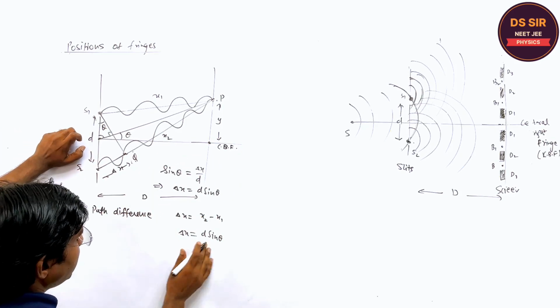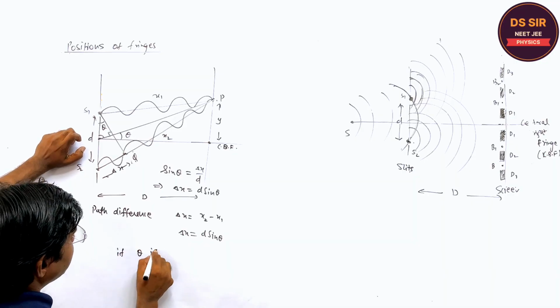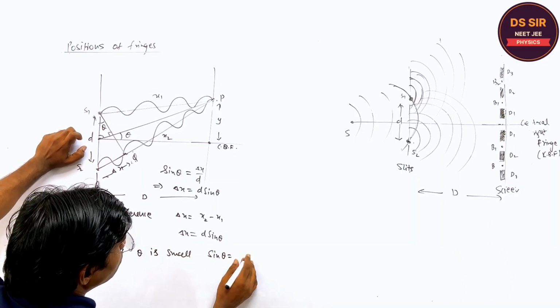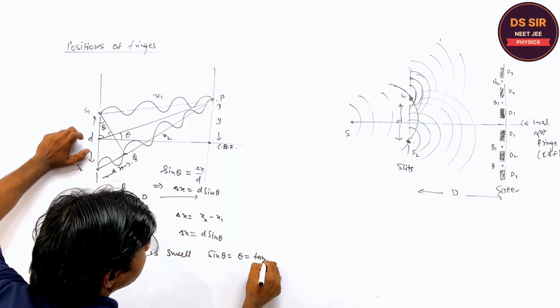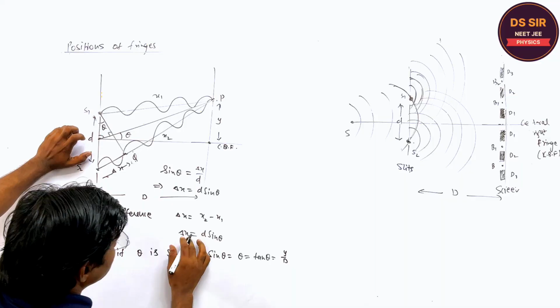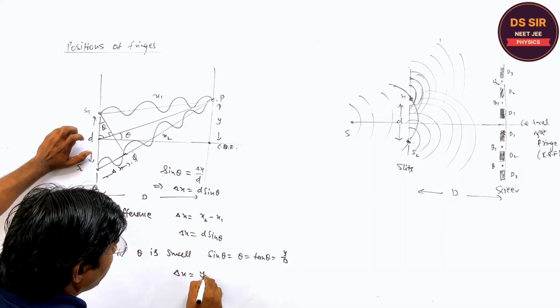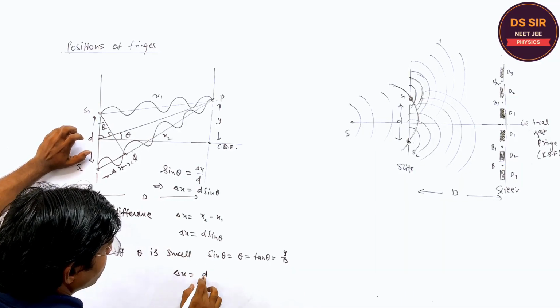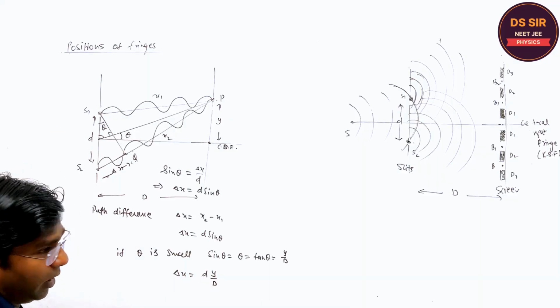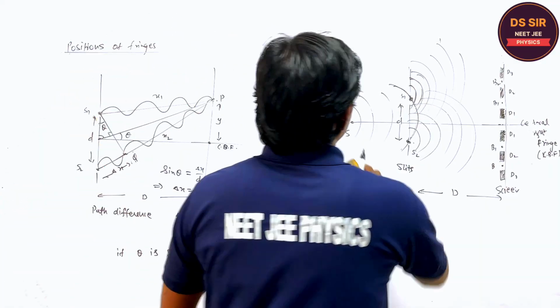If theta is small, then sine theta is equal to theta is equal to tan theta. Here tan theta is y upon D. So the path difference is d sine theta, which may be written as d times y upon D.